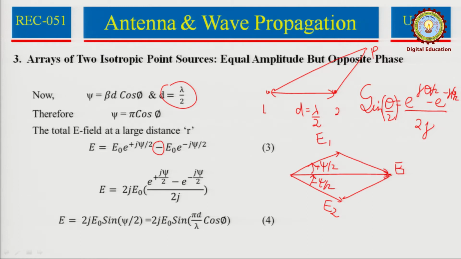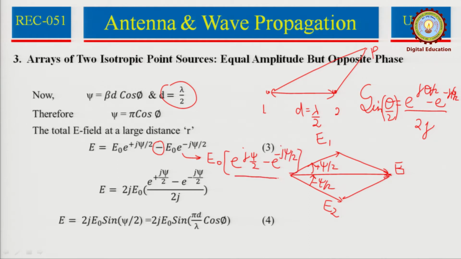We take E naught out as a common factor and multiply and divide by the 2j factor. Taking E naught out, we have e to the power j psi by 2 minus e to the power minus j psi by 2.